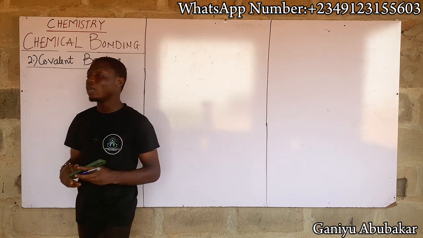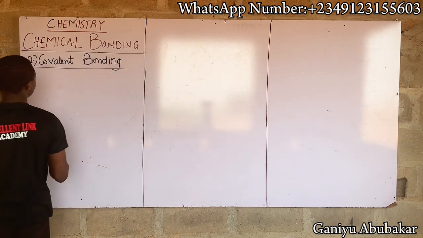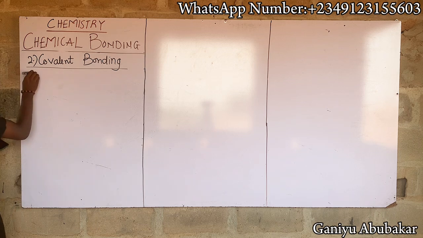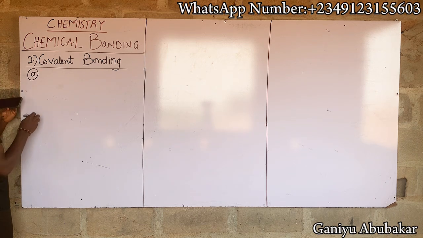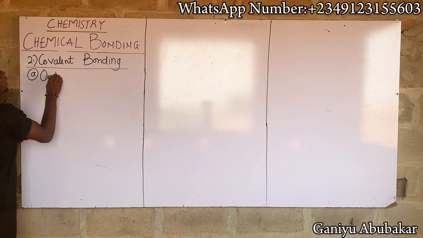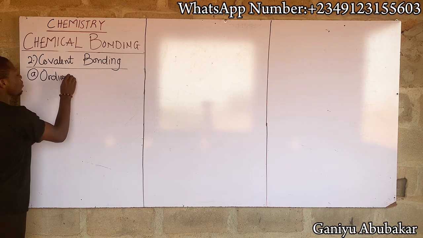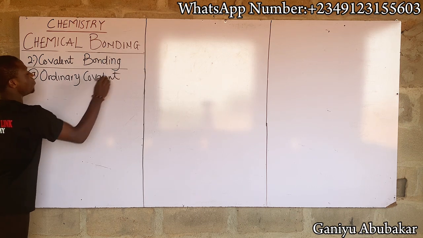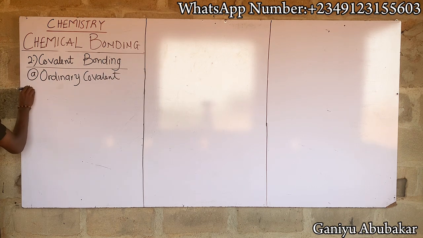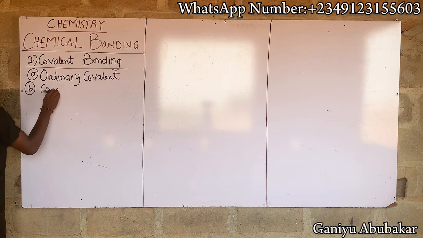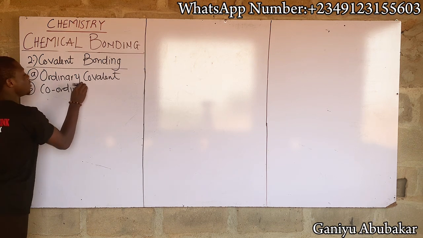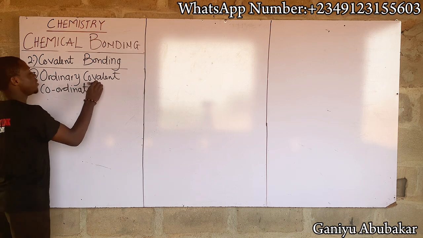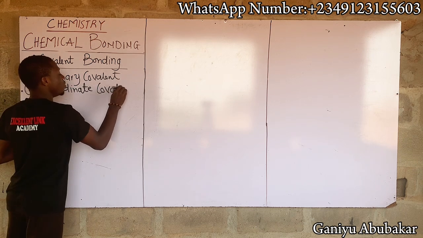Note that when it comes to covalent bonding, there are two types. Number one, we have the ordinary covalent bonding, and number two, we have the coordinate covalent bonding.